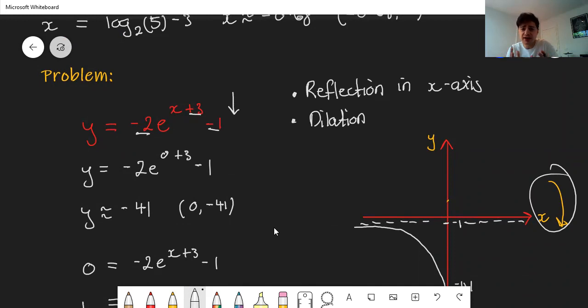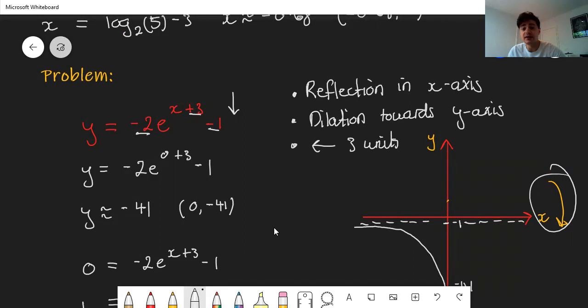The number is greater than 1, so it's making it steeper. It's making it taller. When you make it taller, it moves closer to the y-axis. So it's a dilation towards the y-axis. And we've got a plus 3. We saw this one before, in fact. This is left 3 units.